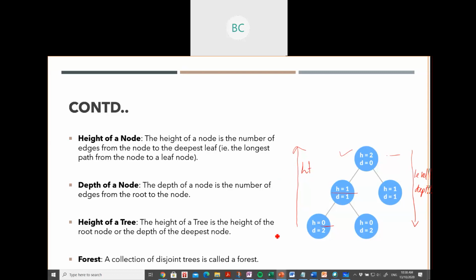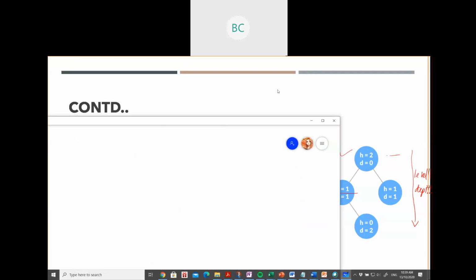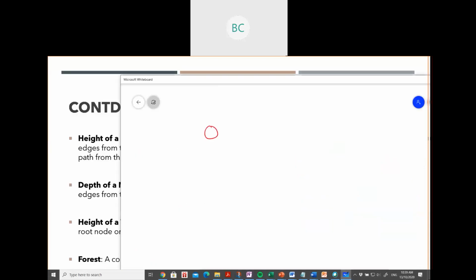So height of a tree is the height of the root node or the depth of the deepest node. And depth of a node is the number of edges from the root to that node. If I am drawing this one, suppose, what is the height for this tree?